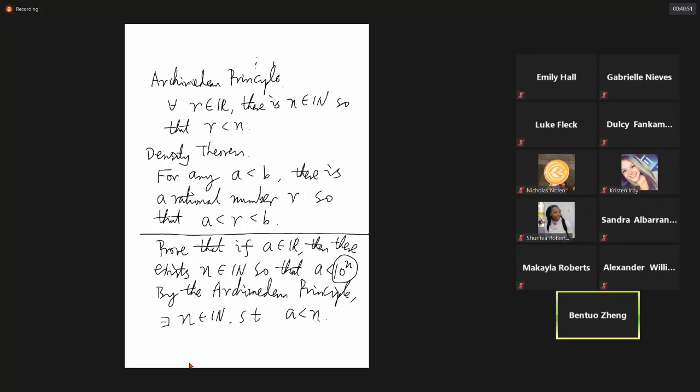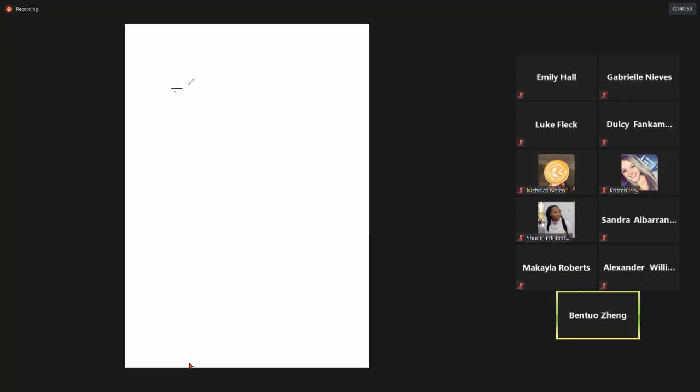All right, so let me write it. If we can prove n is less than 10 to the n, then since we have a is less than n, and n is less than 10 to the n, we get a is less than 10 to the n.